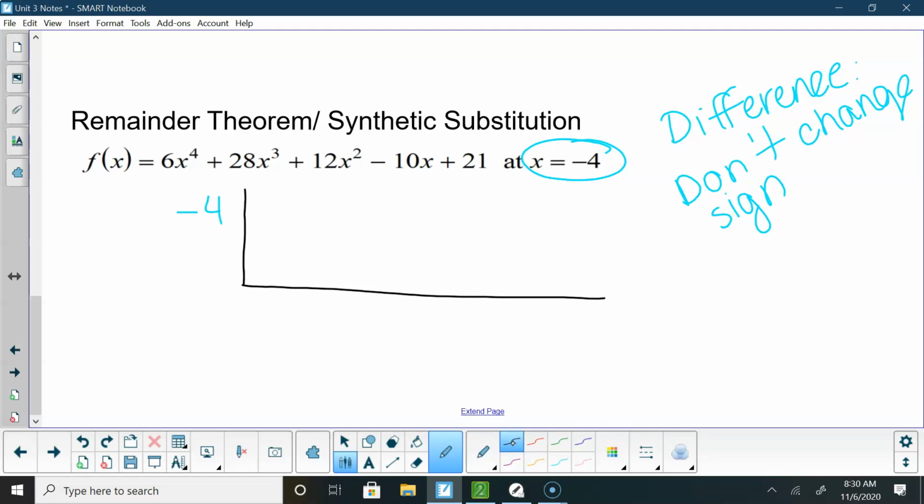Nope. Do you guys need a minute to keep copying? Ready? So, if I have no missing terms, I'm literally just copying the numbers like I did earlier. 6, 28, 12, negative 10, and 21.